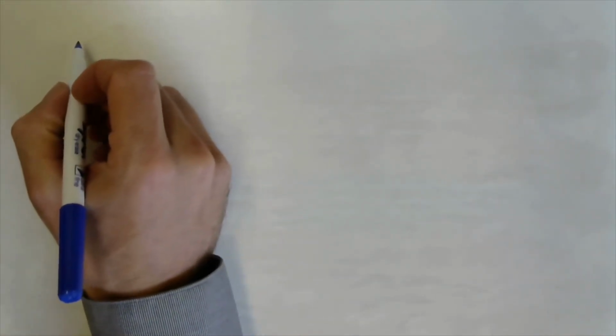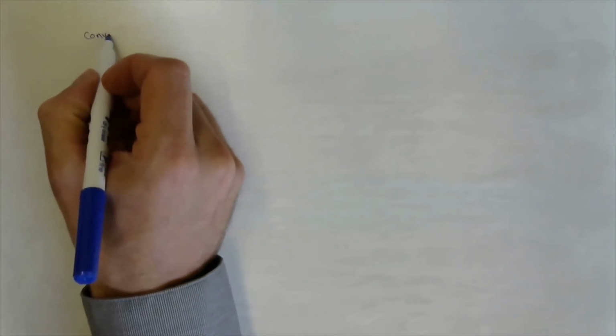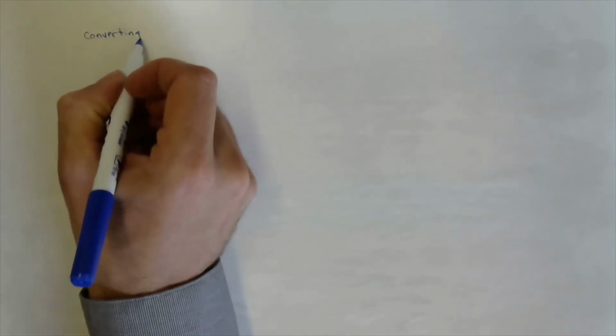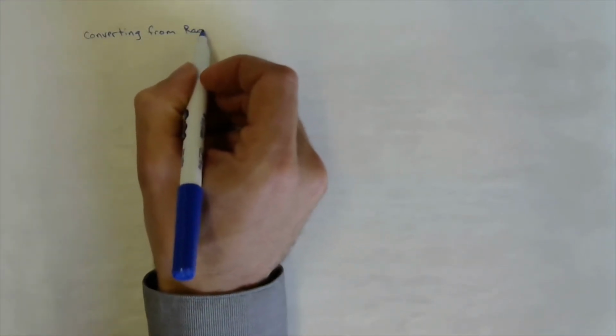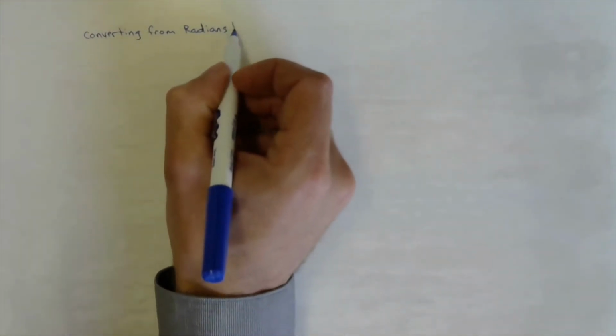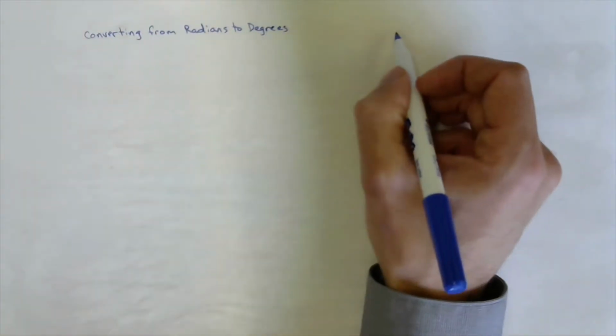What you're actually going to do in those two boxes is change the first box. It shouldn't say relationship between radians and degrees. It should say converting from radians to degrees. And your next box is correct.